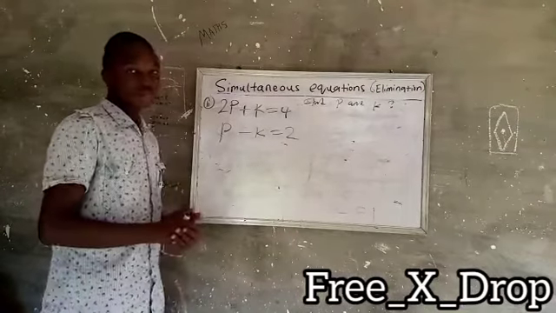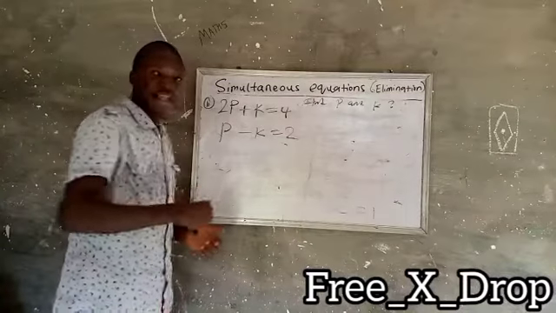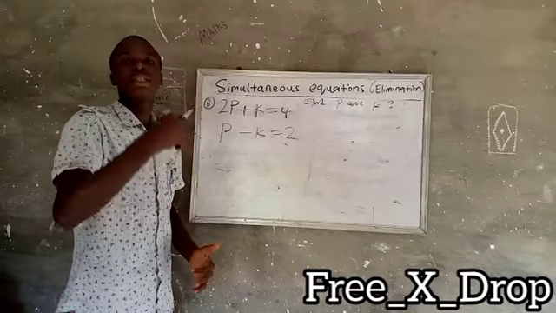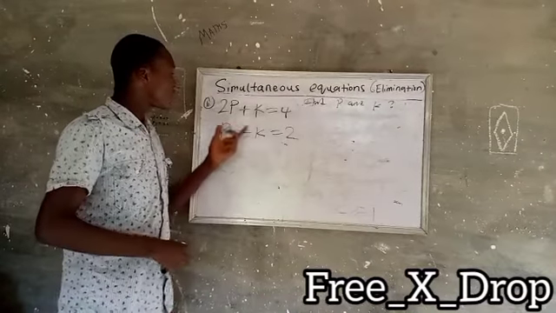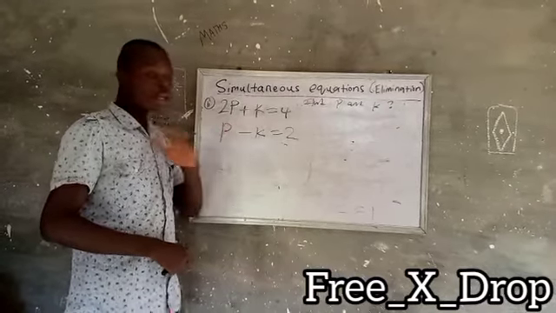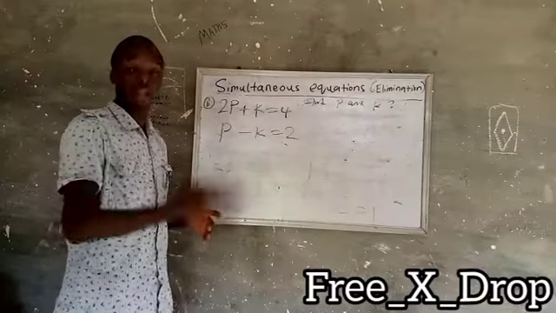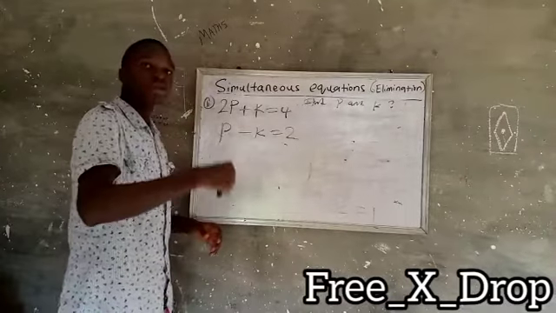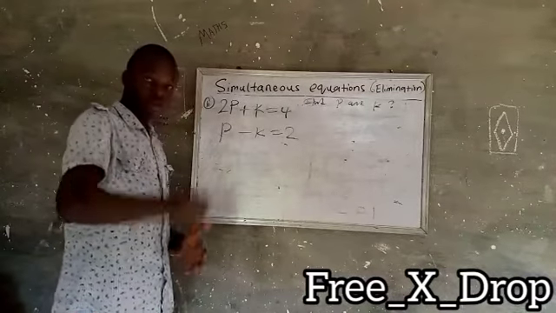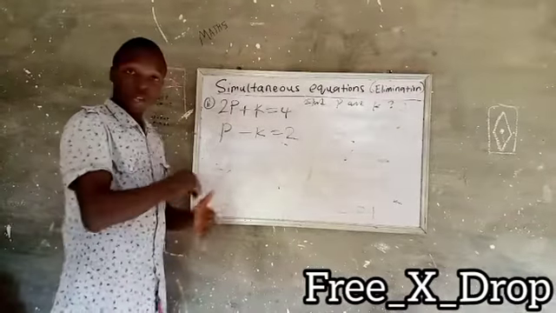So now let's check. Before we multiply, let's check if anything can subtract or anything can add first. Because if anything can actually eliminate each other, there is no need to multiply. It is when you can't find anything that you multiply by a number that can subtract or add, so that we eliminate.